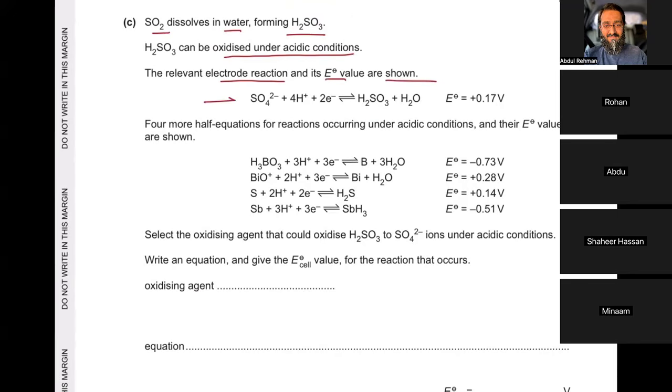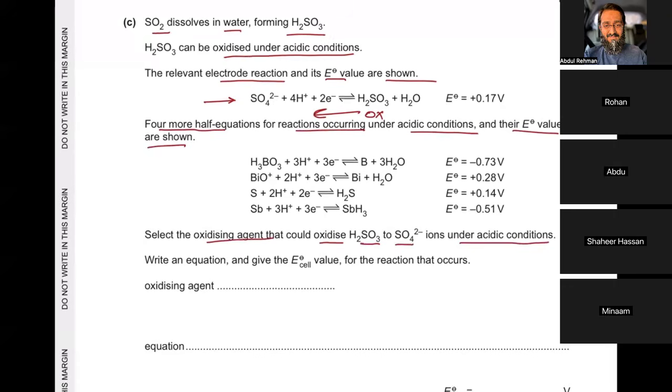So that is the reverse reaction, which shows the oxidation of H2SO3, right? 4 more half equations for reactions occurring under acidic conditions and their E naught values are shown. Select the oxidizing agent that could oxidize H2SO3 to SO4 2- under acidic conditions.